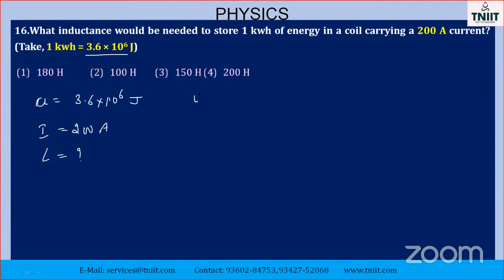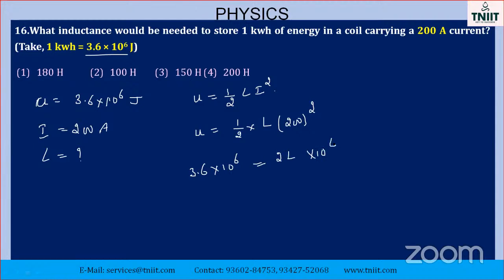You know that energy stored in the coil is given by the formula U is equal to half L i squared. So U is equal to half into L, which we don't know, into 200 squared. So energy is 3.6 into 10 power 6. 2 squared will be 4, 4 by 2 will be 2, so it is about 1.8.